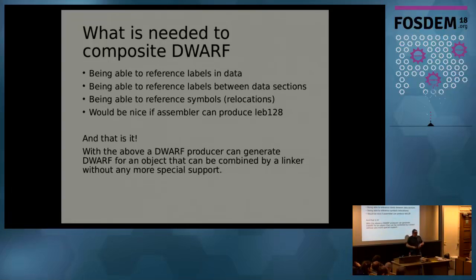So, for example, you have the info tree, which describes a variable, and it has to reference where the location descriptor is in the other data section, and you have to have addresses of symbols which you don't know yet where they will be.